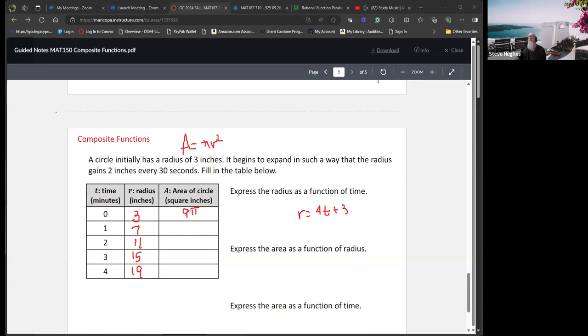If the radius is 3 inches, it's 9 pi. If the radius is 7 inches, it is 49 pi. If the radius is 11 inches, it's 121 pi. Right? If the radius is 15 inches, that's 225 pi. And so forth and so on.